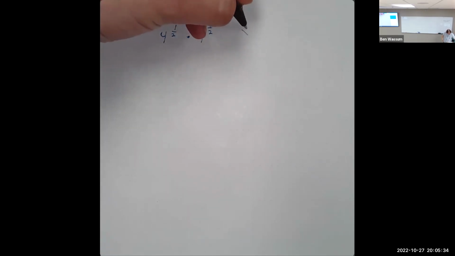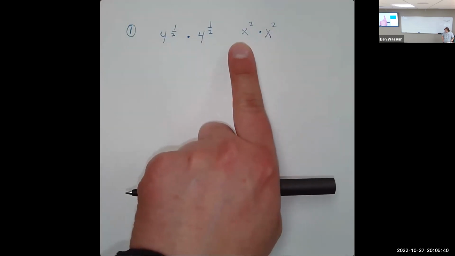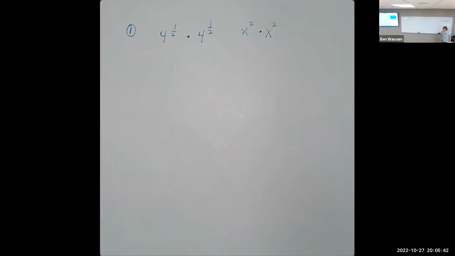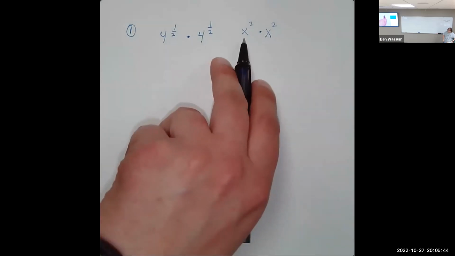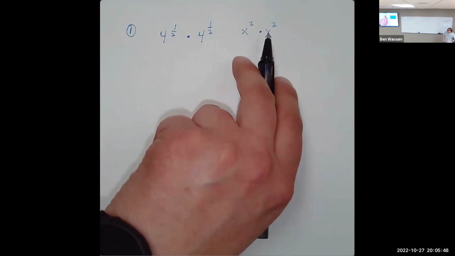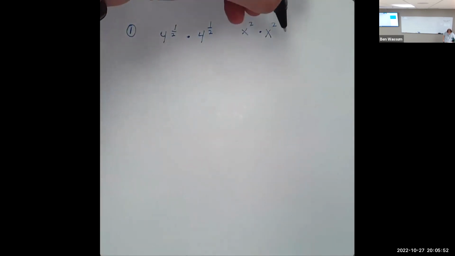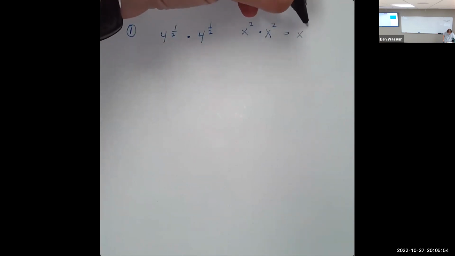So think about what happens if I had something similar, x squared times x squared. Well, this is two x's multiplied together, and this is another two x's multiplied together. So if I'm multiplying all of them together, I would just add the powers, right?